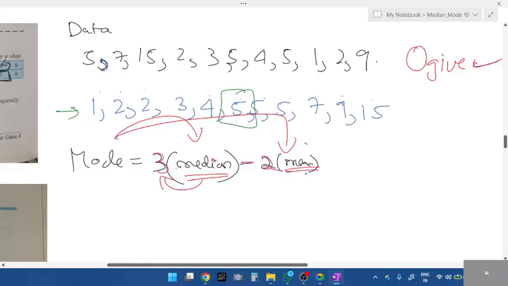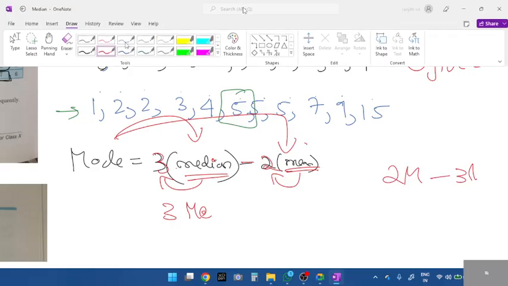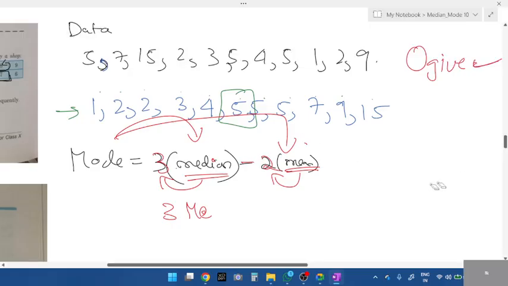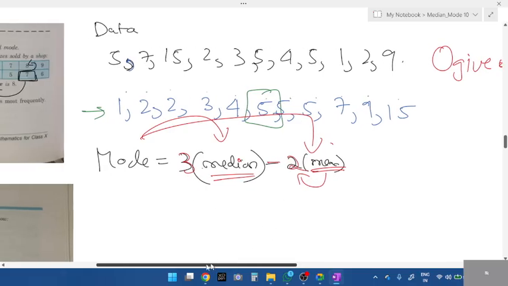How many letters does mean have? 4 divided by 2, you get 2. Remember this trick: 3 into median. If not, you get confused whether it is 2 median minus 3 mean. In a hurry, you won't know what to write. So 3 times median minus 2 times mean. Why is it 3? Because median has 6 letters, divided by 2. Mean has 4 letters, divided by 2. That's it. Go through the example, students.